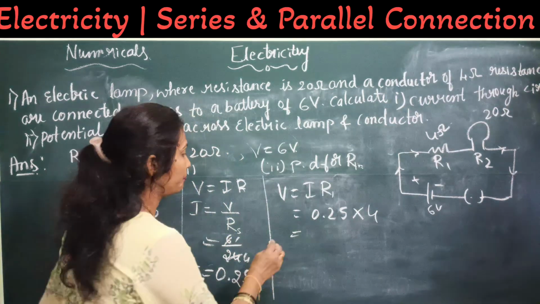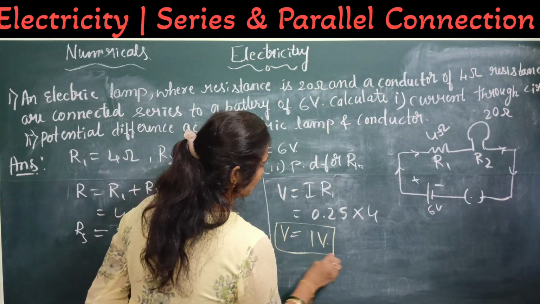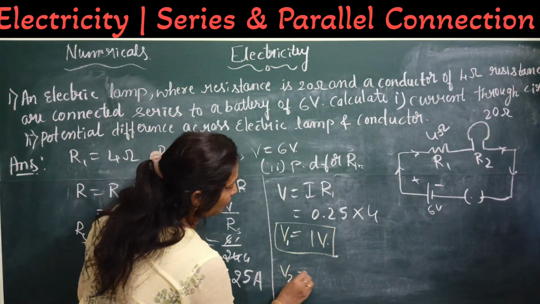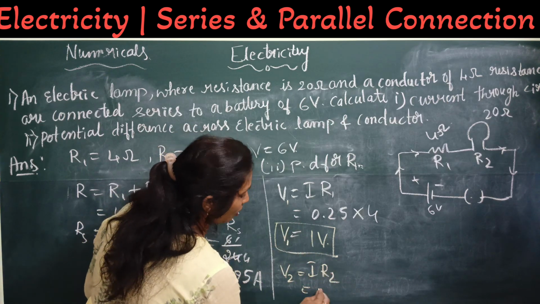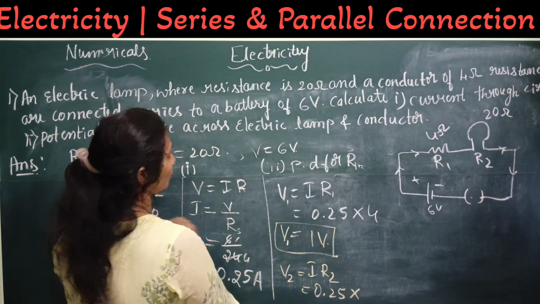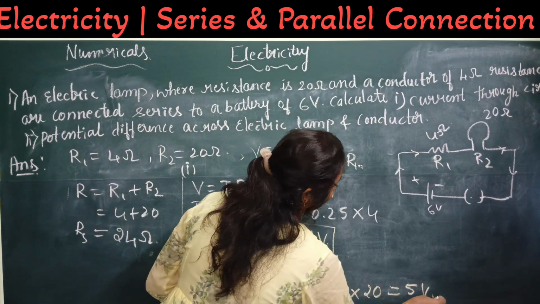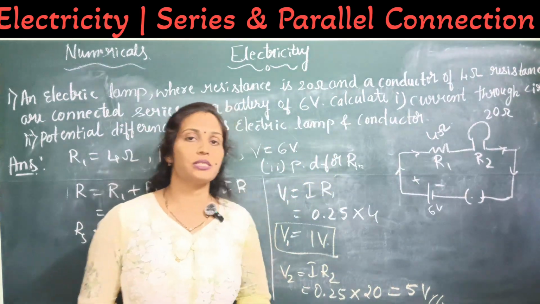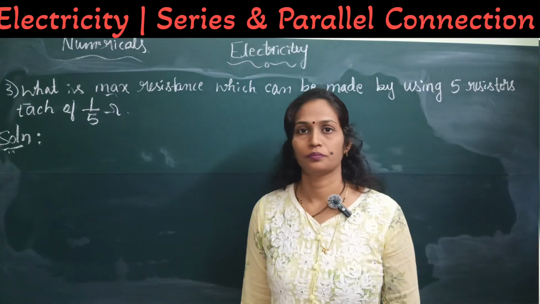How much you got? V is equal to how much? 1 volt. So this is V1. Okay. What about V2? This is V1. V2 is I into R2. I is constant, 0.25 into R2, which is 20. Which is approximately equal to 5 volt. Okay. This finishes your first numerical in series connection.